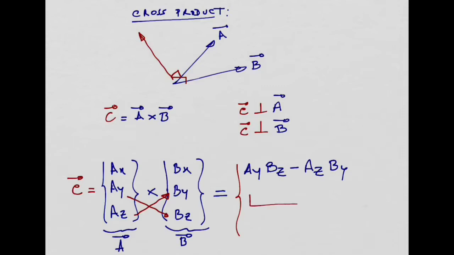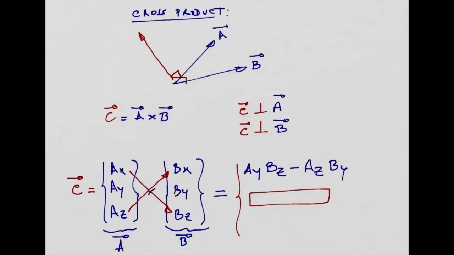For the y component, the second component of this vector C, I will try to erase this now. Let's see if it works. Okay, good. Now for this second component, I need to do this cross product: AZ times BX minus AX times BZ.